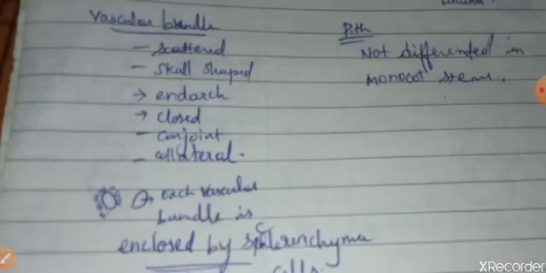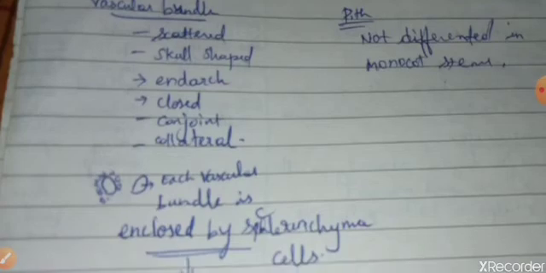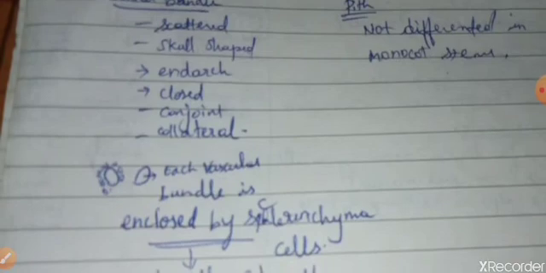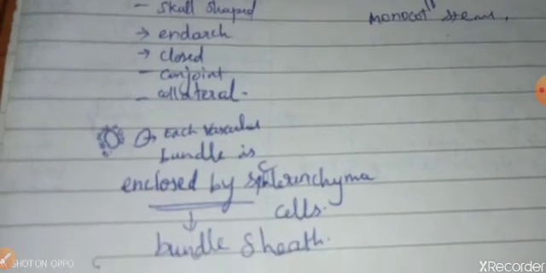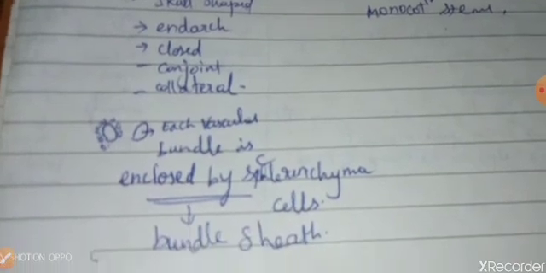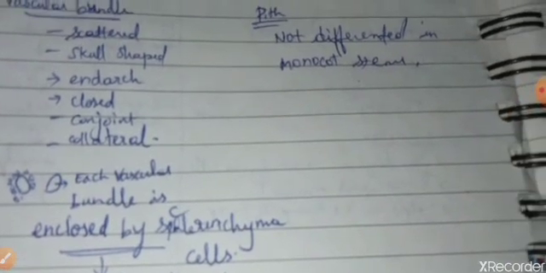The same way here also the xylem vessels are arranged. So it is skull shaped, endarch, closed, conjoint, collateral, as I said before. Around the vascular bundle you have sclerenchyma cells. Along with that sclerenchyma cell, the vascular bundle is called the bundle sheath.